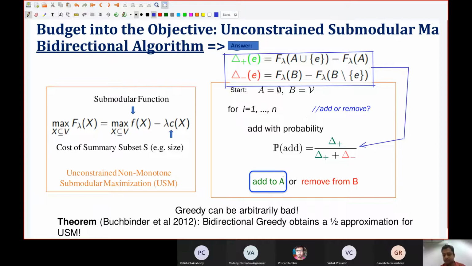If one of them is negative, then that action you cannot consider at all.